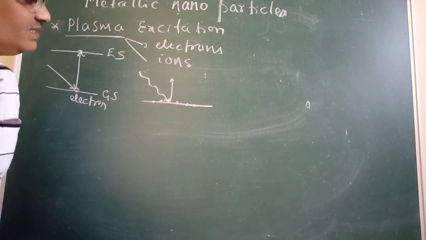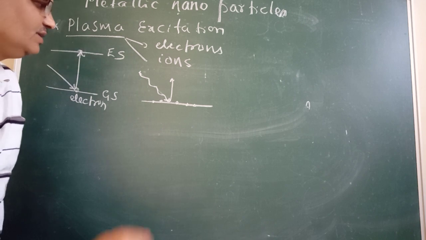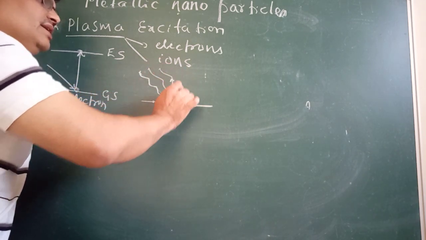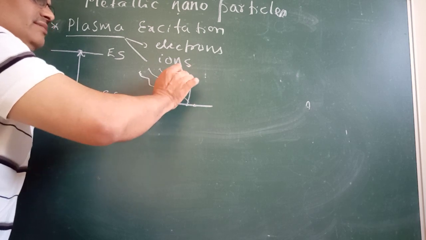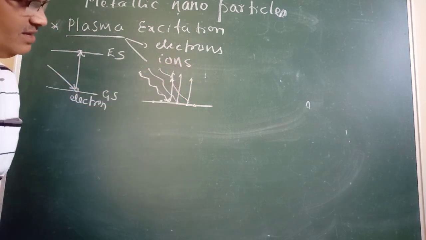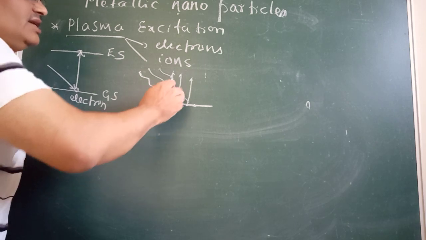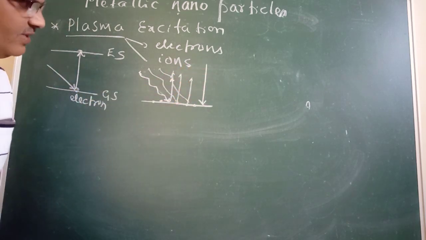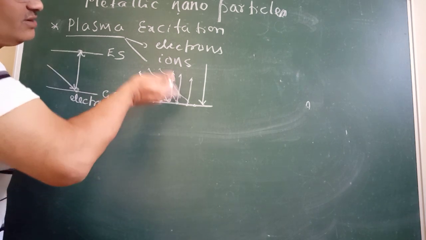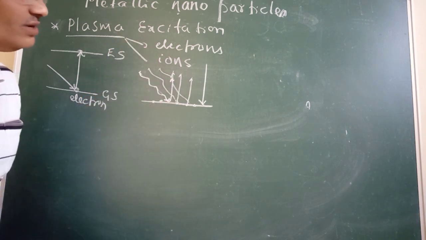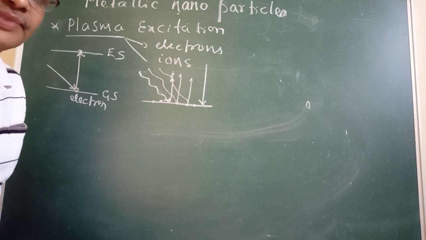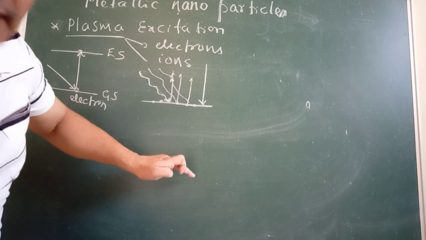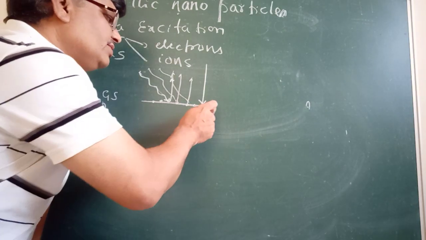Then when these electrons come back to the surface, they are not free, so the electron again comes back to the surface.